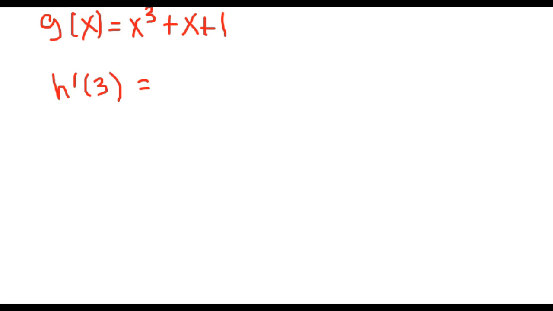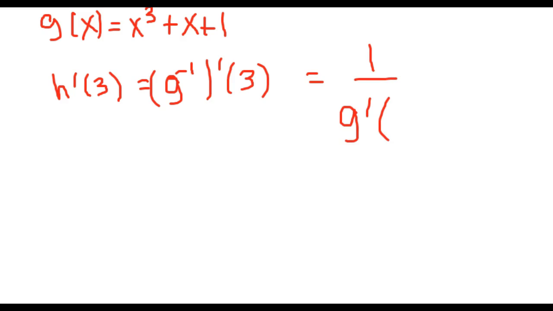So that's really like saying g inverse prime of 3, which is really like saying 1 over g prime wherever the original function has a y value of 3.